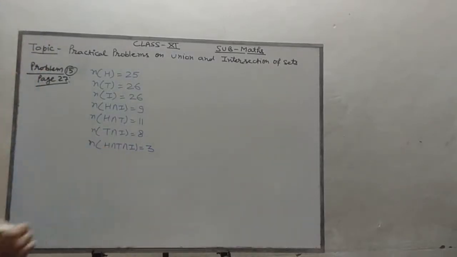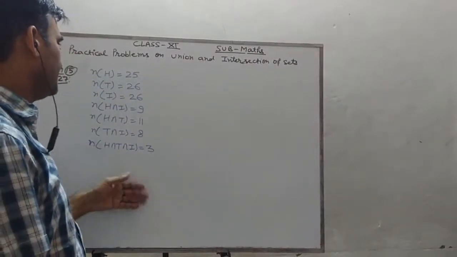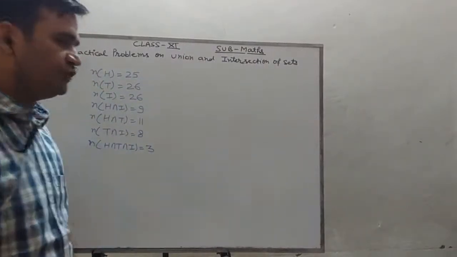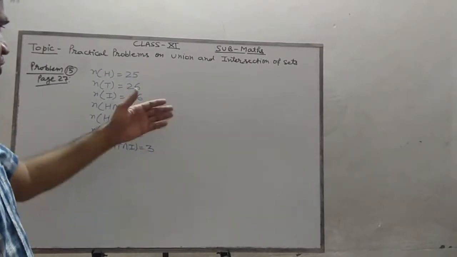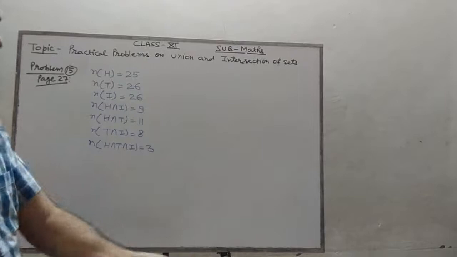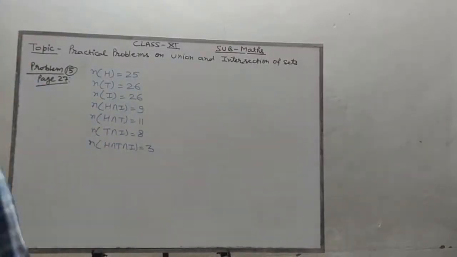Then we want to find the number of pupils who read at least one of the newspapers. At least one of the newspapers means we want to find their union. So we can directly use the result as I told you, but I am telling you another method by which we can deal with all problems like this.